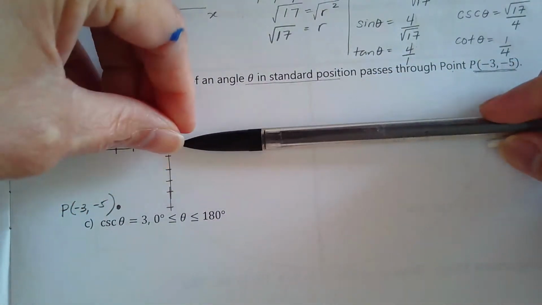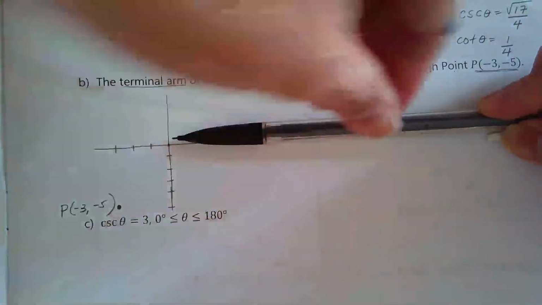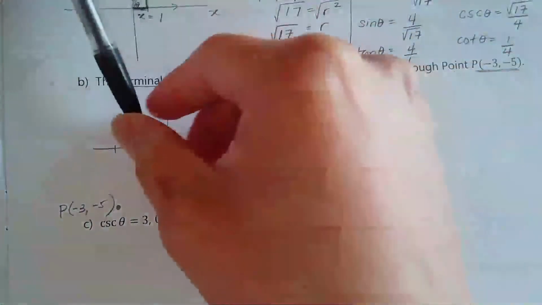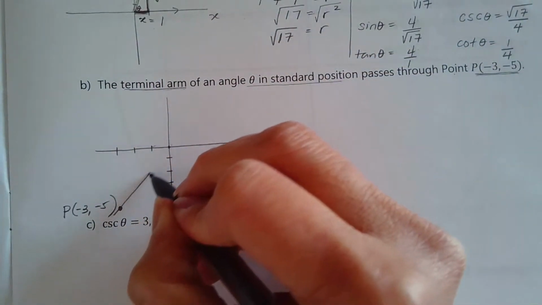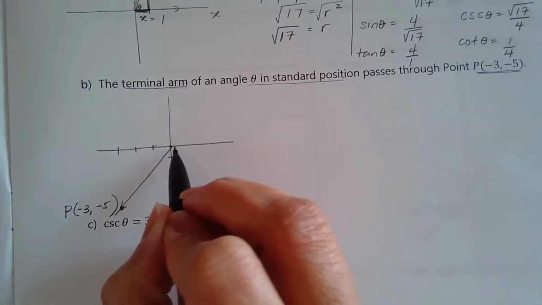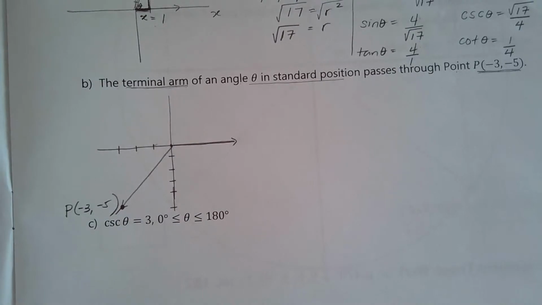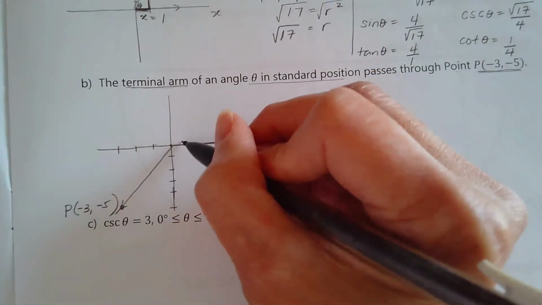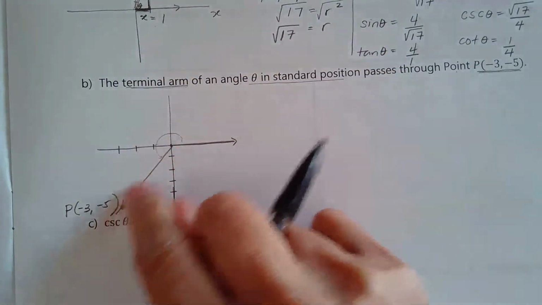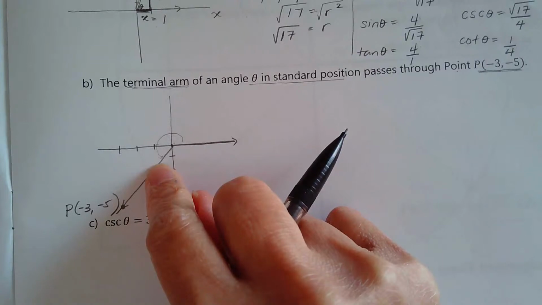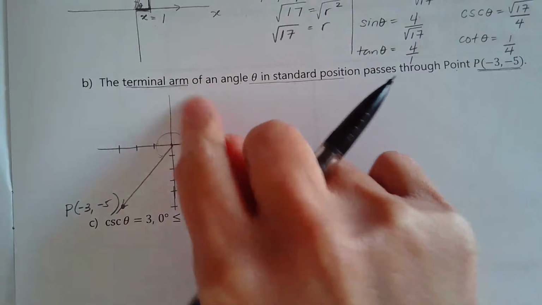This is the initial arm, and it's going to rotate this way, and this is where the terminal arm is going to be. The initial arm starts here and rotates this way, and that is landing in quadrant 3. So the terminal arm ends in quadrant 3. And this is not a right triangle. So this is our standard position.